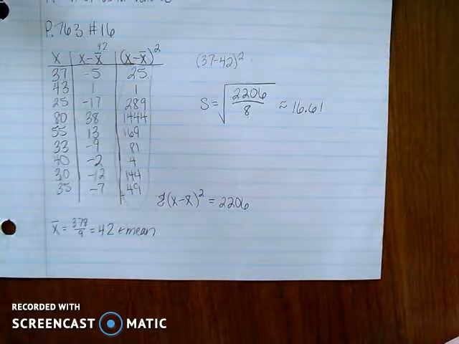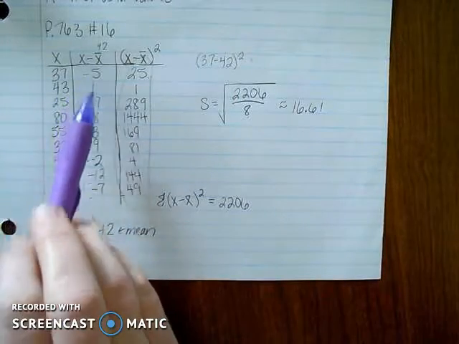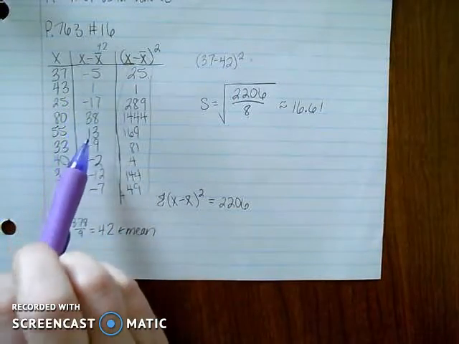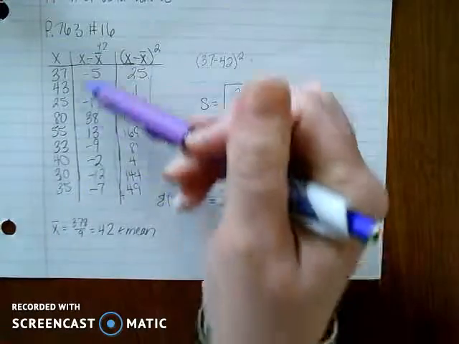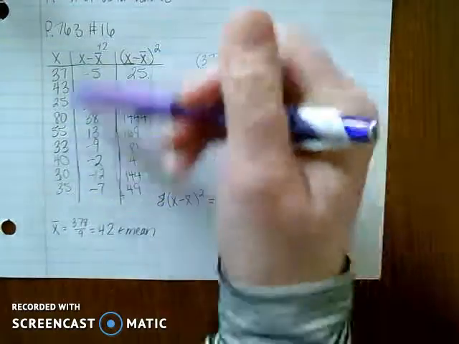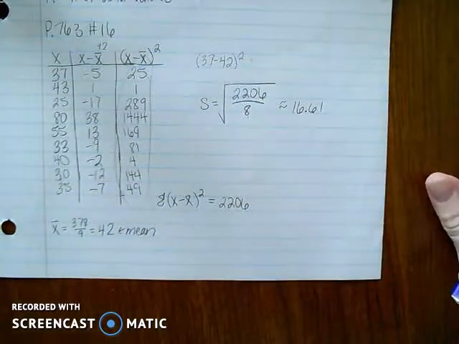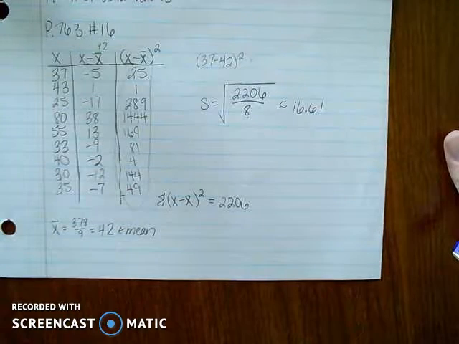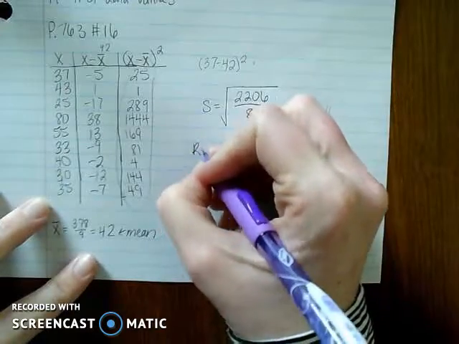But again, it's the average distance that the numbers are from the mean. So this is 5 to the left, this is 1, 17, 38, so on and so forth. It doesn't work out exactly, but basically if you would average those numbers together without the negatives in it, it should be approximately 16.61.